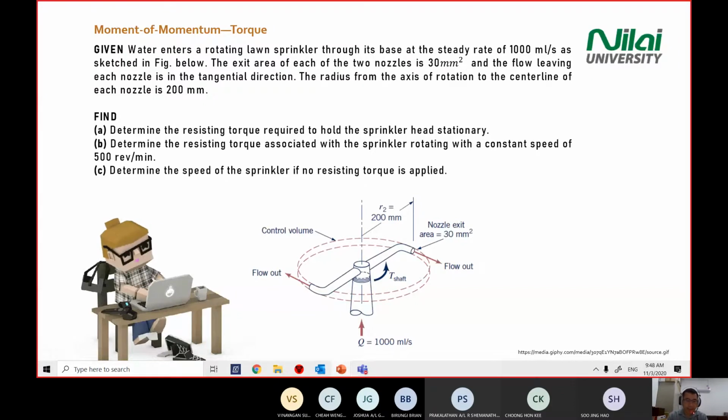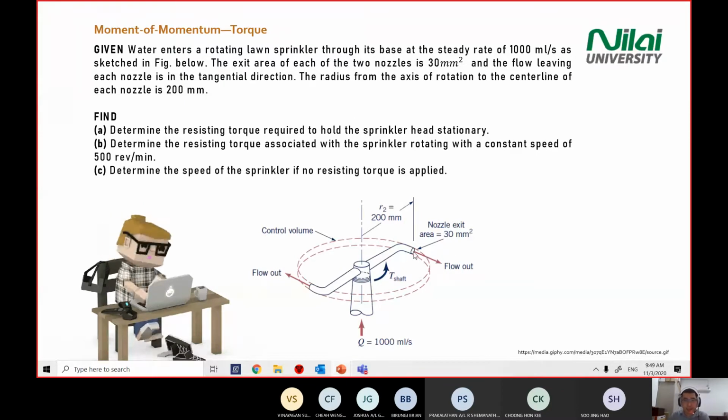All right. Now this is a sprinkler system, as you see in question 35. The water enters the rotating sprinkler through the base. So again, it will be the exact same setting as question 7, if I'm not mistaken. Question 12 in your tutorial is the same setting. 1000 ml per second.